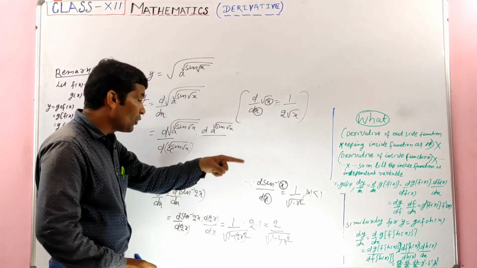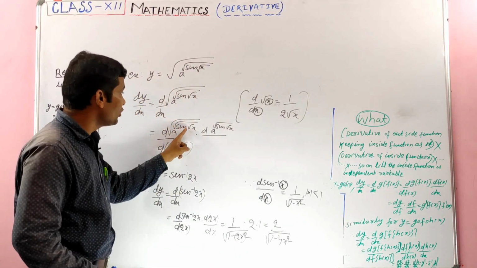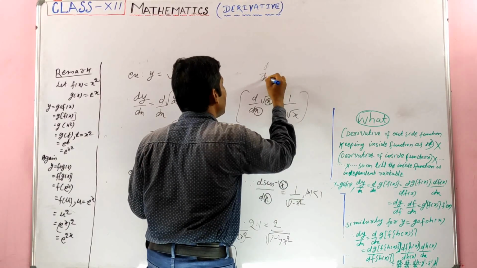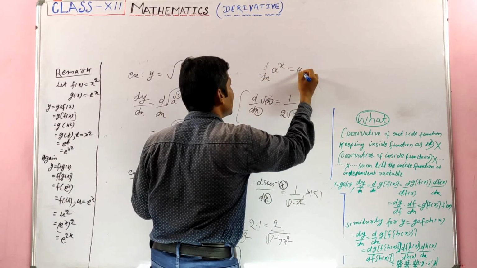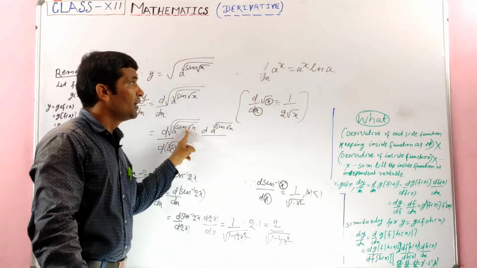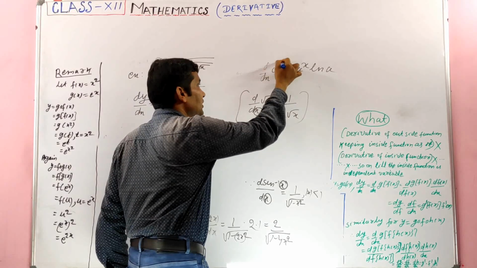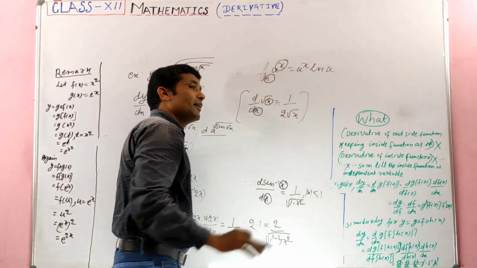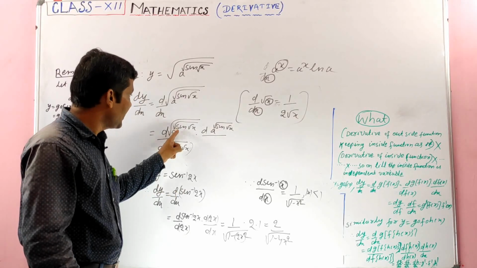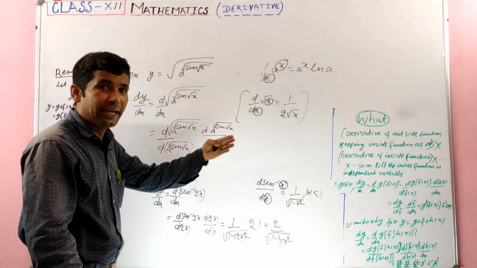Now again look at the inside. Inside means a to the power something. So write the formula d by dx of a to the power x. This formula is a to the power x into ln a. Here a to the power something should be the independent variable. If not, we have to adjust. Here what is the power of a?